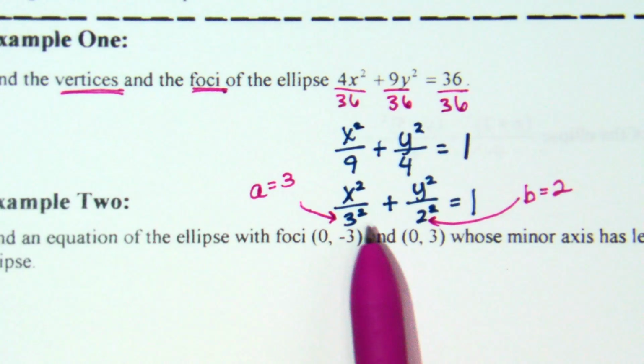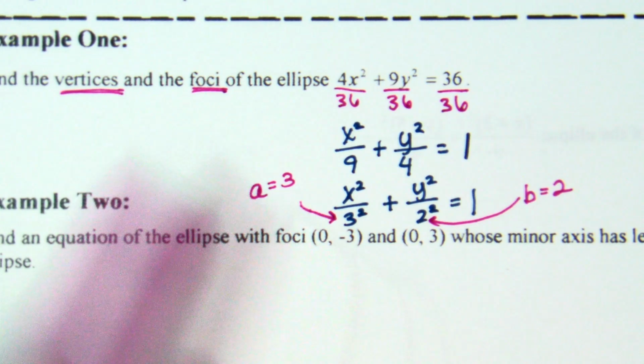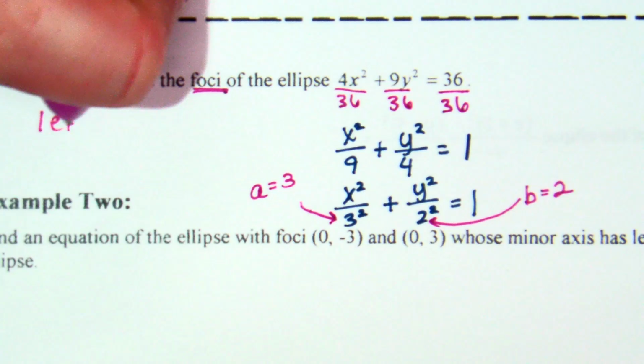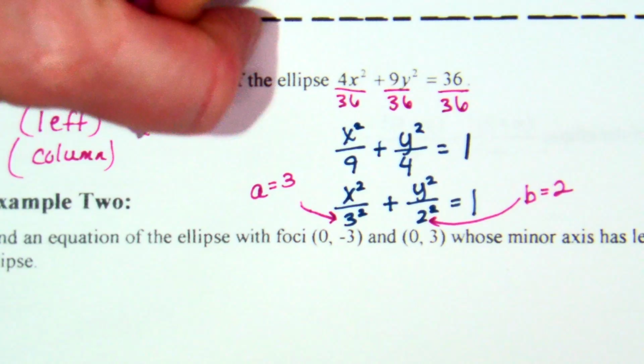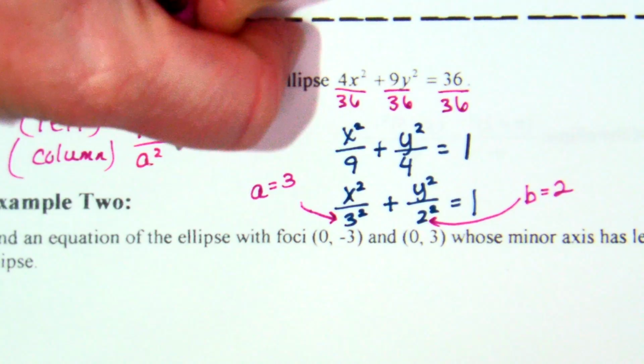Because A is bigger and X is over the bigger number. So this is a left column problem, or first column if you prefer. And so that means this is in the form x squared over a squared plus y squared over b squared equals 1.